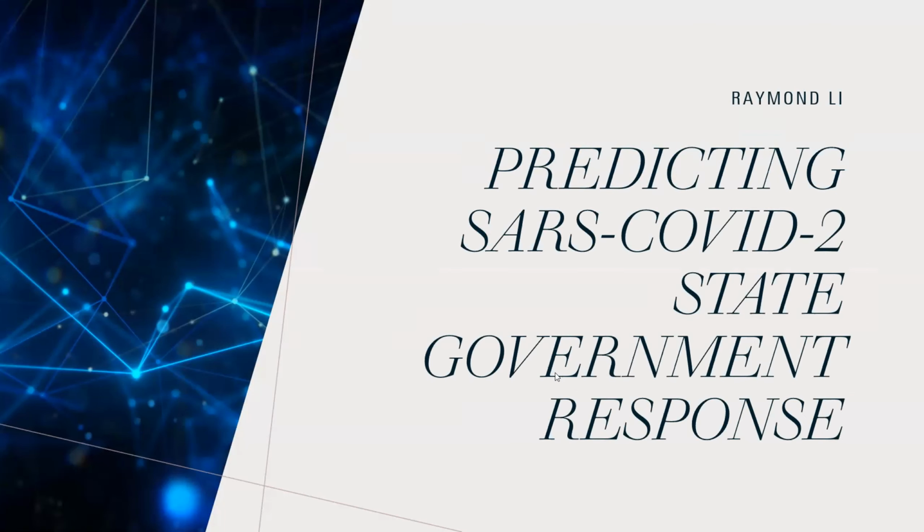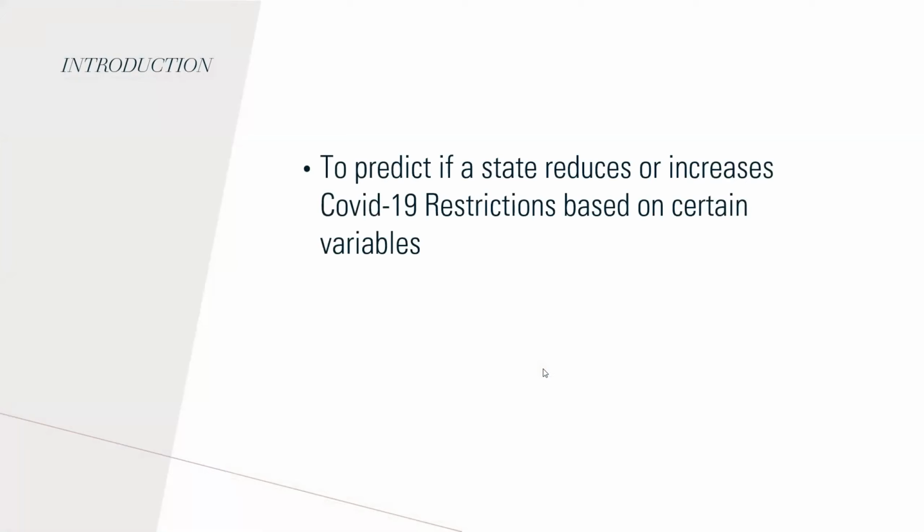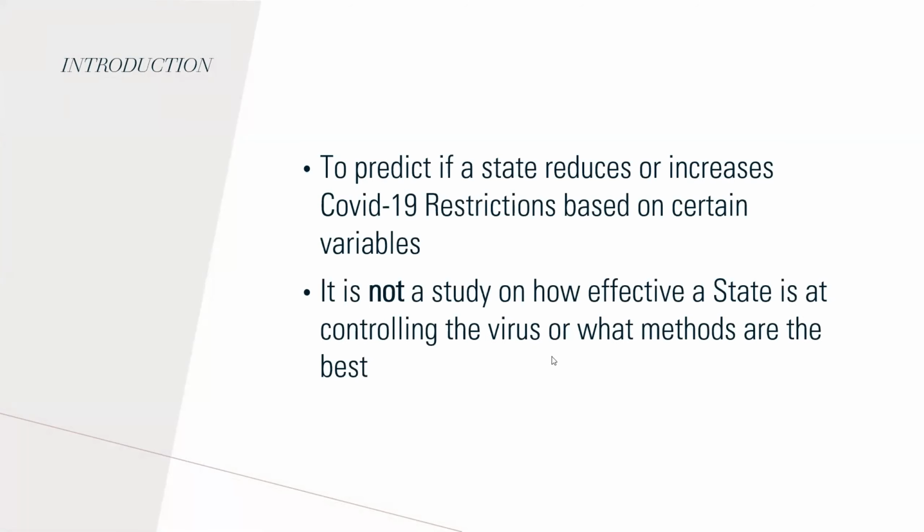So my study was focused on predicting SARS-CoV-2 US state government responses. Basically, I wanted to see if we can predict whether a state will relax or tighten COVID restrictions based on certain variables. So let's go through the introduction. Like I said, I'm trying to predict if a state reduces or increases COVID-19 restrictions based on certain variables.